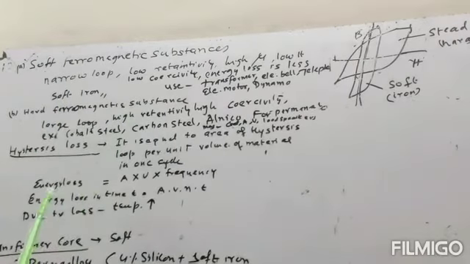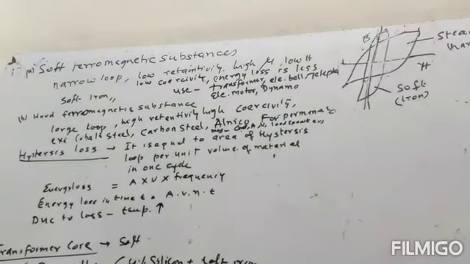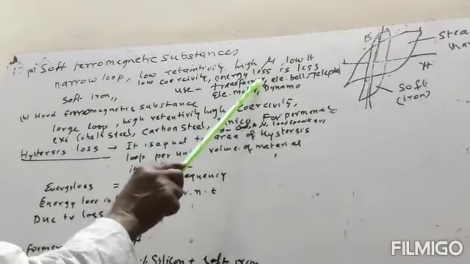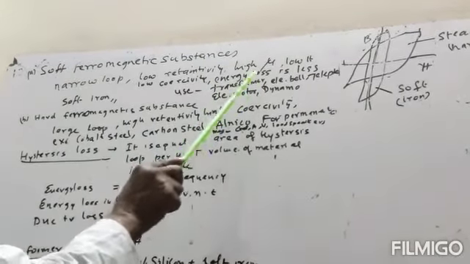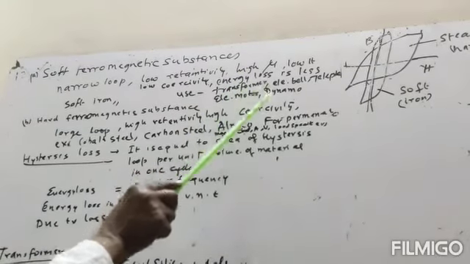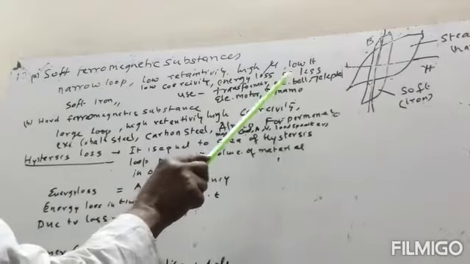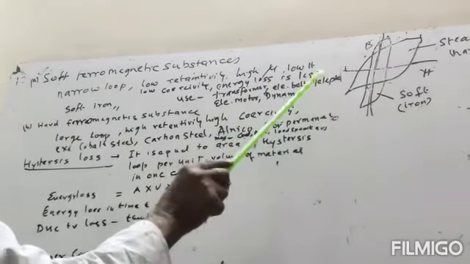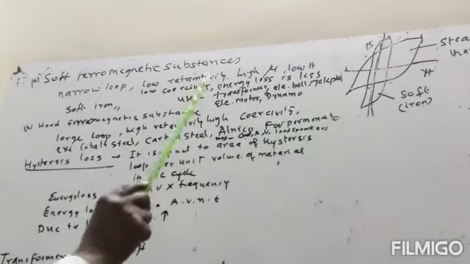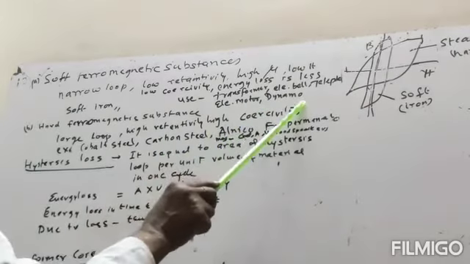Now where are such ferromagnetic substances used? Number one, in the transformer. The core of the transformer is a ferromagnetic substance. Then we have the electrical bell, the telephone, the electrical motors, the electrical dynamo.